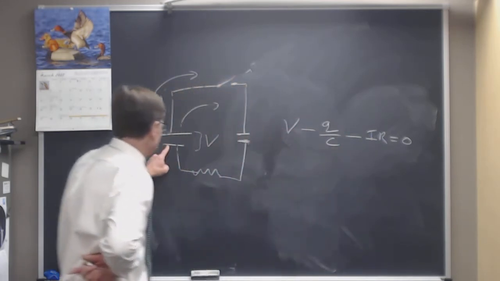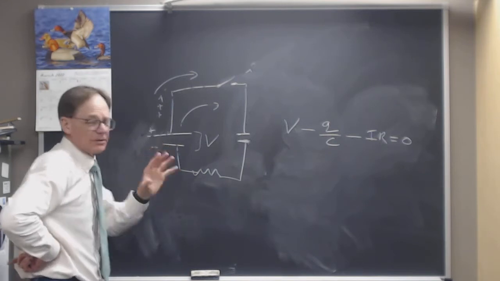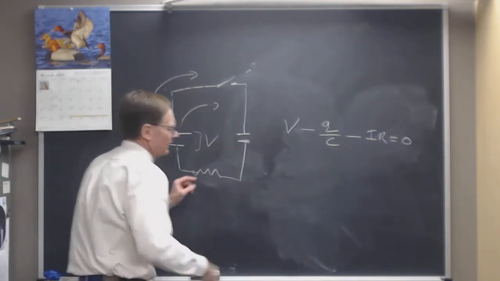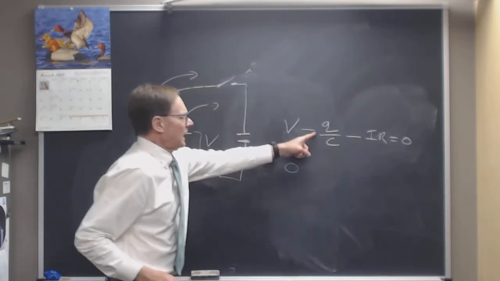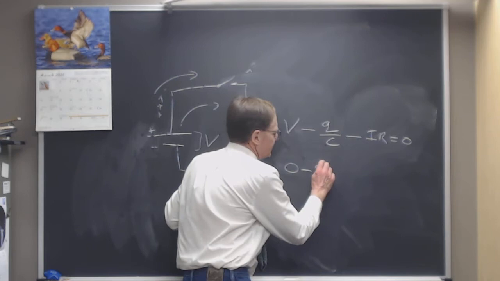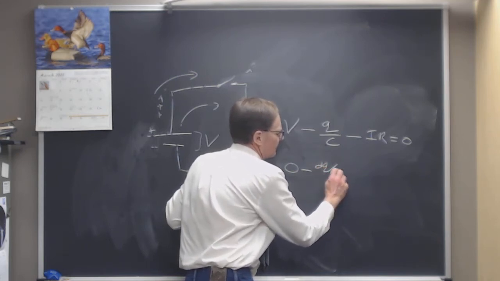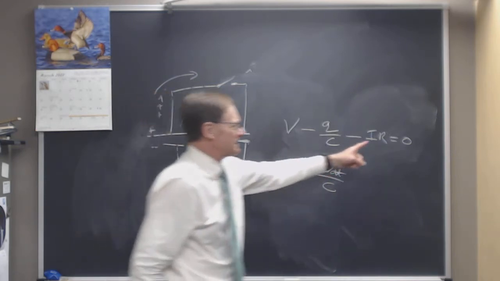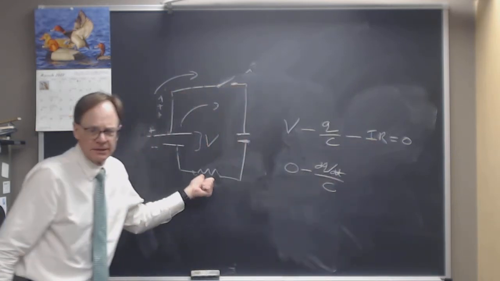This potential of the battery is constant. So I'm taking a time derivative, and the time derivative of a constant is 0. Capacitance is constant. So this is going to be minus dQ/dt, my time derivative of the charge on the capacitor, over C. Resistance is constant for this resistor.